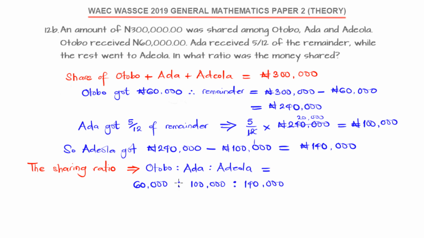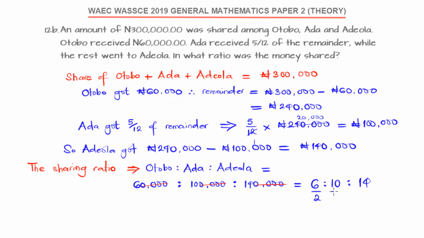Now, what numbers can we use to divide all this? We can see that all the 60,000, 100,000, and 140,000 have zeros in 4 places, we can knock that out. So we have 6:10:14. We can still use 2 to divide all of them.